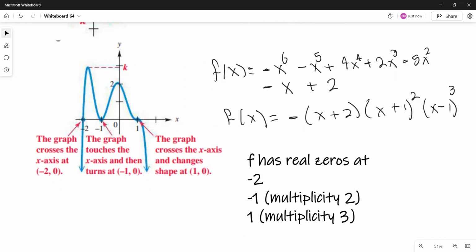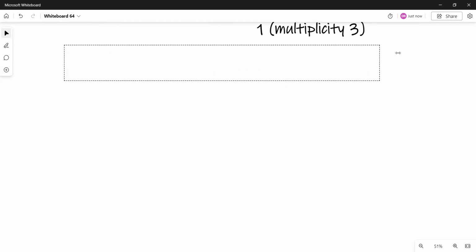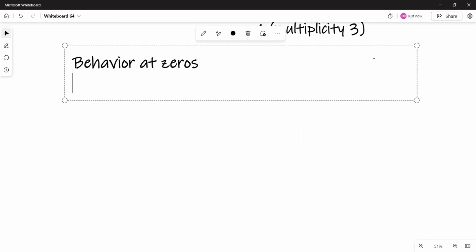Okay, so let's summarize the behavior at the zeros, and also what the degree of the polynomial tells you about the behavior of the graph. Actually, the book doesn't have that, so I'm just going to type it. Okay, so the multiplicities tell you how the graph behaves.